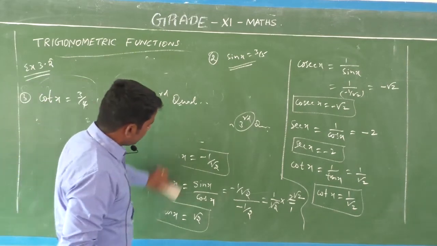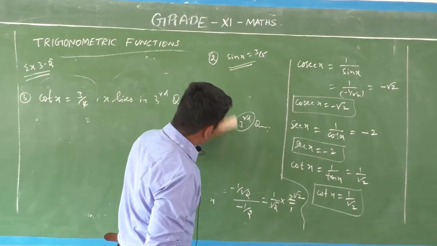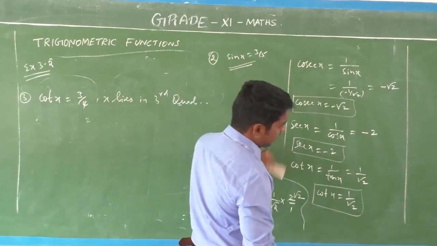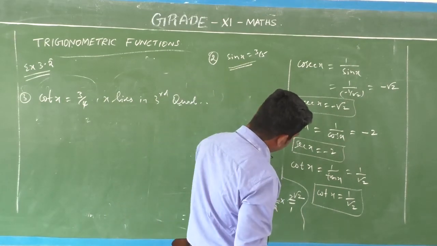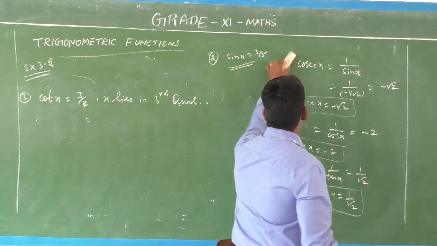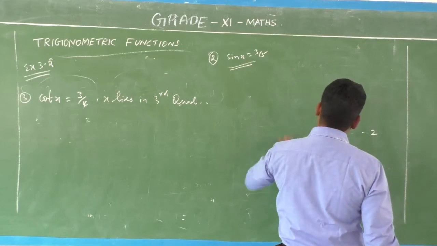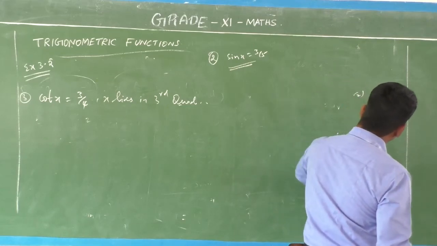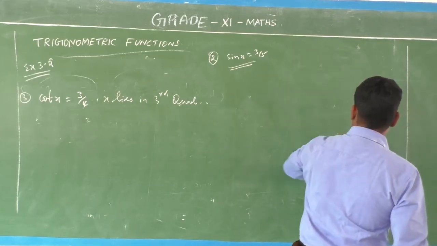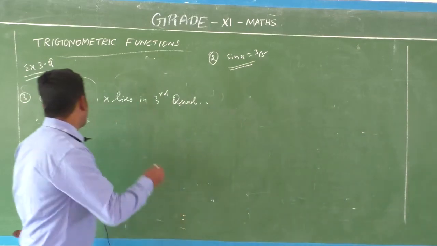Same method, but a different formula. You know that cosecant squared x minus cot squared x equal to 1. Here the given information is the cot x value, then find the cosecant x value.